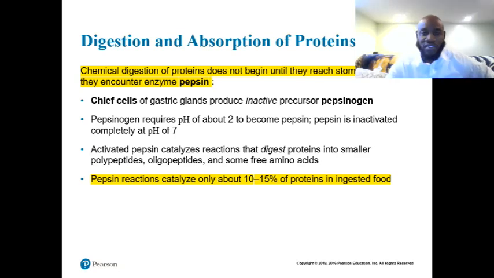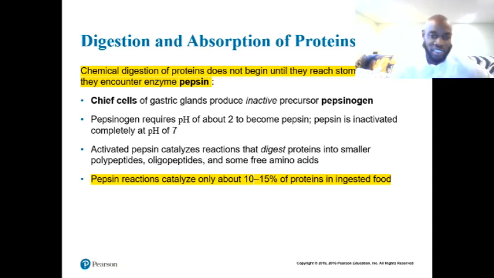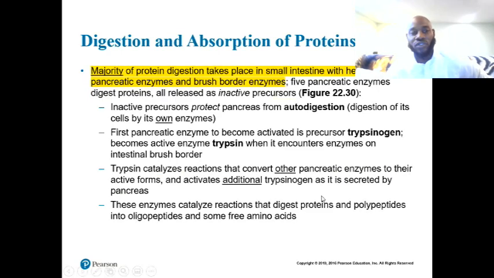So that's when we have digestion of your proteins. Activated pepsin catalyzes reactions that digest proteins into smaller polypeptides, oligopeptides, and some free amino acids. Pepsin reactions catalyze only 10 to 15% of proteins in ingested food.